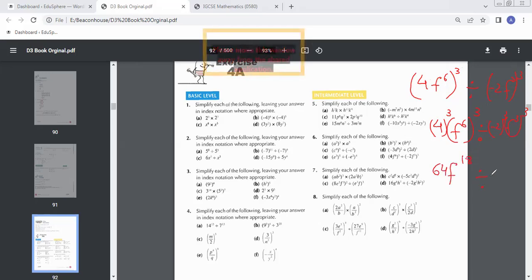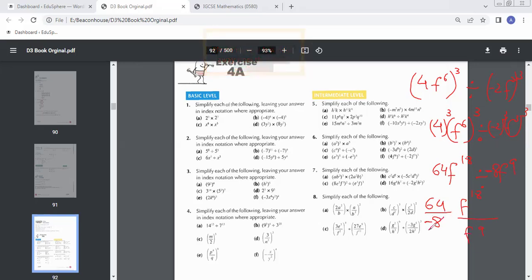Now we are dividing this. This minus 2 cube is 8, but the minus sign with the odd power remains minus. The minus sign is not finished. And f has 3 times 3, which is f power 9. Now we are dividing it. So let's divide number with number, 64 with minus 8, and then f18 will be divided with f9.